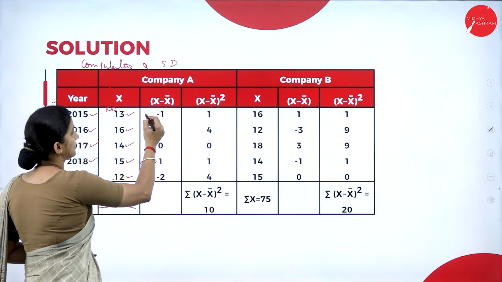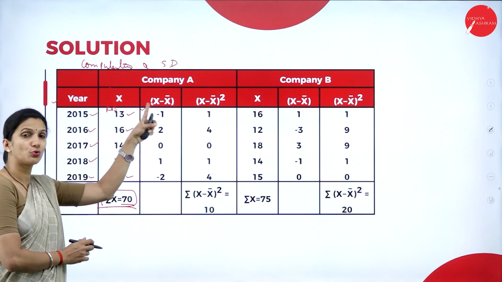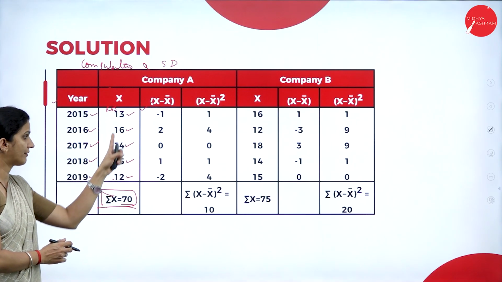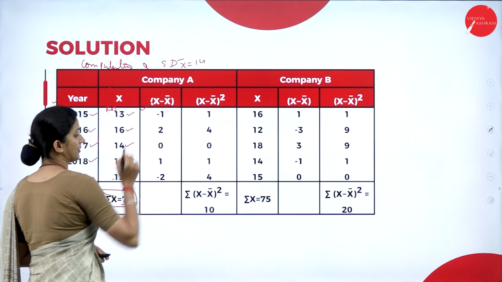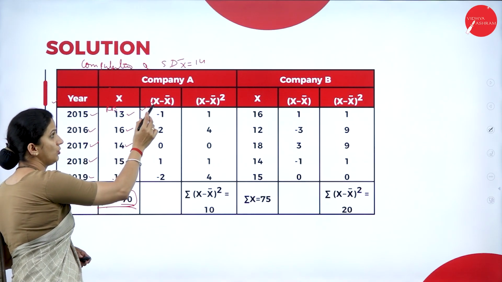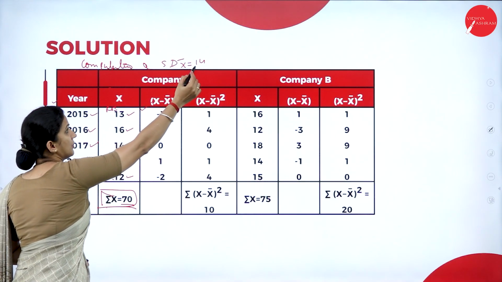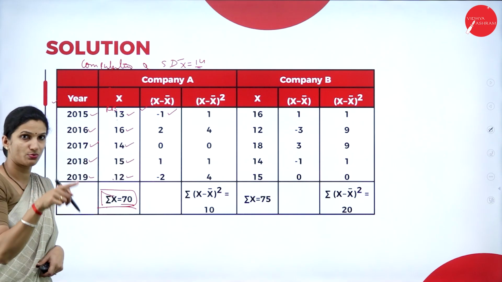So now we'll go for this table. Third column, we need to do what is X minus X bar. So X we have here. So the X bar is 14. So we need to do X minus X bar. So 13 minus 14 is minus 1.